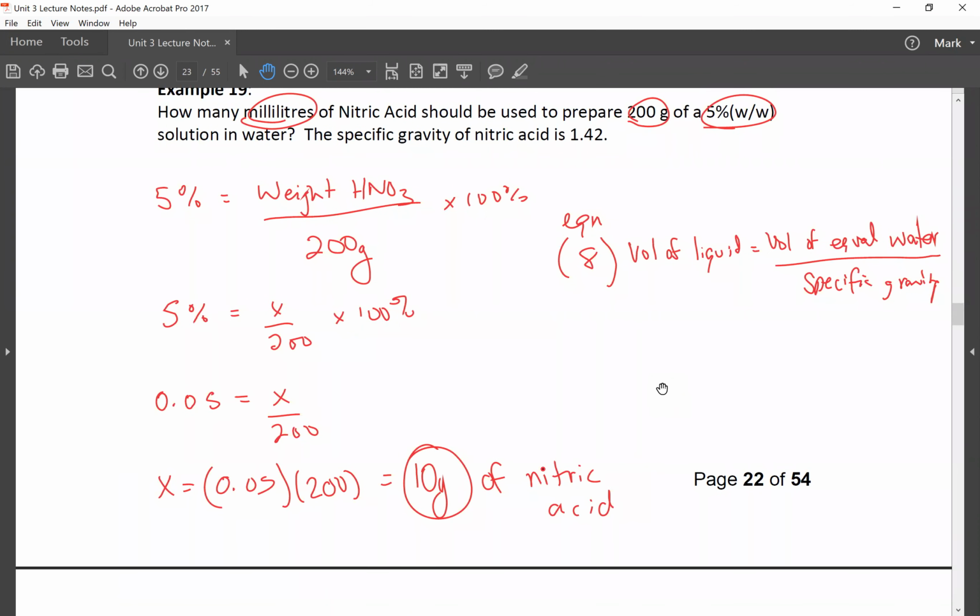All right, so equation 8, the volume of my liquid, which in this case is nitric acid, which again, don't worry, you do not have to know chemical formulas in this course. It's not chemistry. What is the volume of my equal weight of water? Well, I have 10 grams.